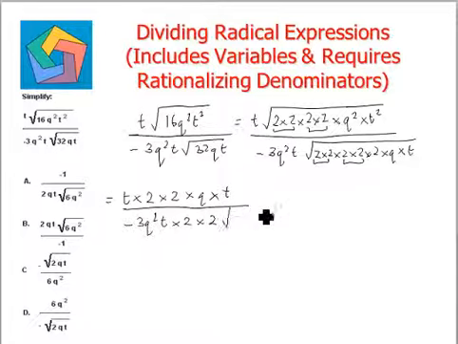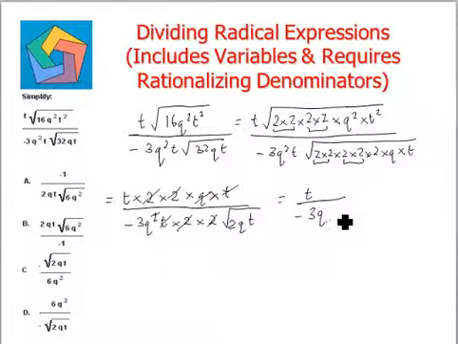Inside we're left with 2qt. Let's simplify if we can something. The 2's cancel with the 2's over here. The t goes off with the t. 1q in the numerator cancelled with one of the denominator. So here we are left with t times, I think there's nothing left in the numerator. In the denominator we have negative 3q square root of 2qt.